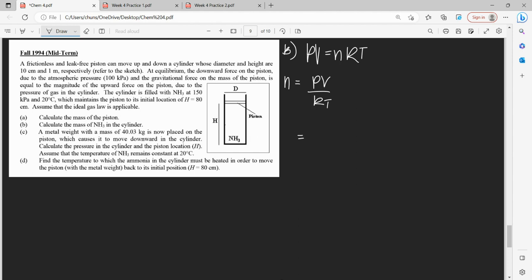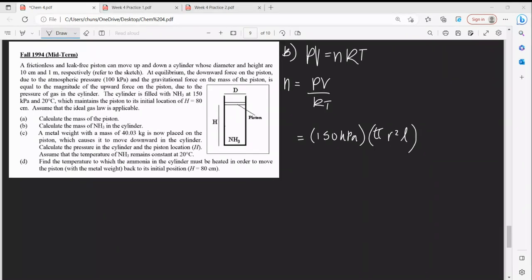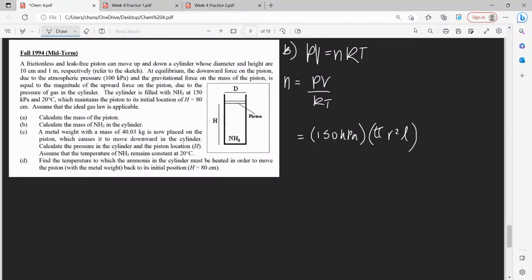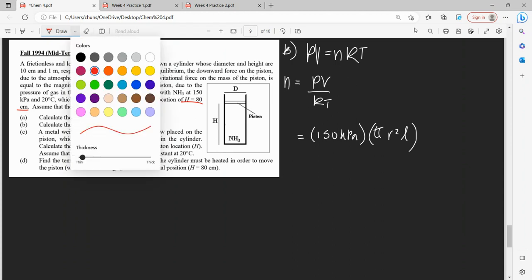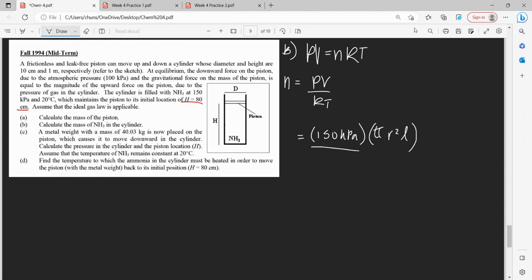So inside, our gas exerts a pressure of 150 kilopascals in a volume of pi r squared times our length, and our height in this case is our 80 centimeters for part B.